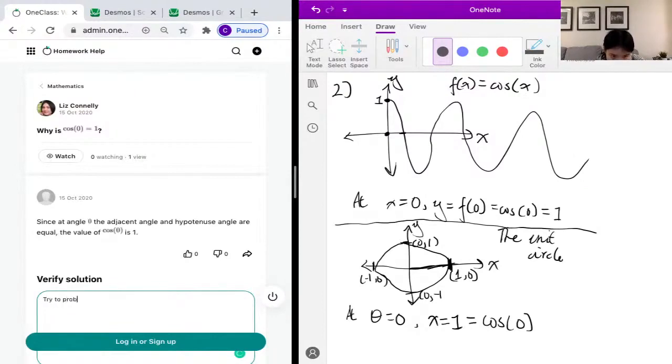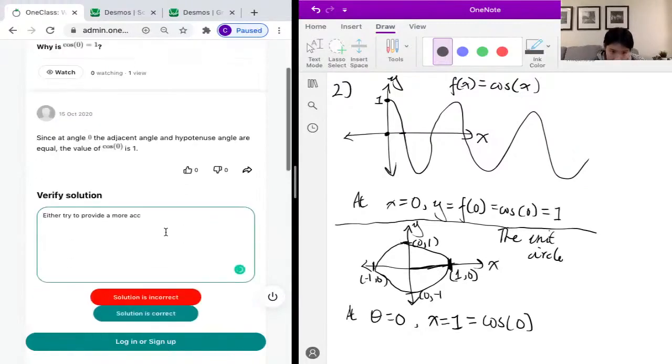Okay, let's just say, try to provide a more in-depth explanation in terms of the sine function or unit circle, or add sentences illustrating why the sine of 0 is not 1, because the sine of 0 is 0.